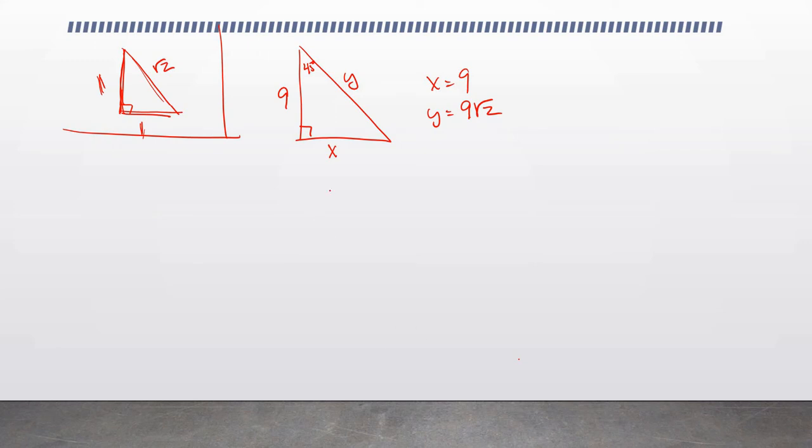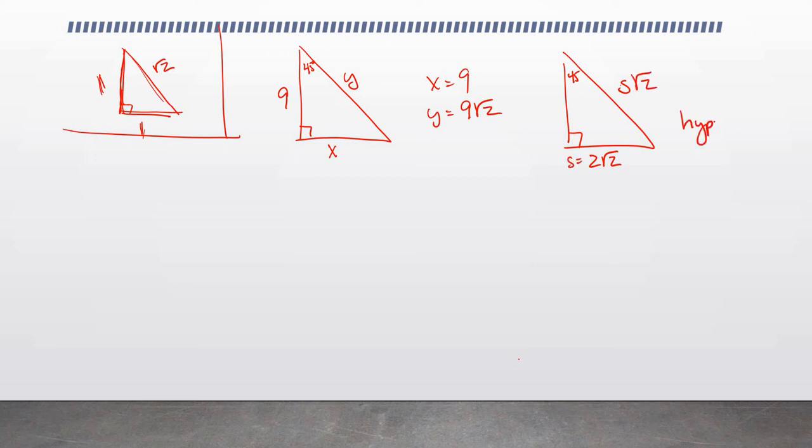Let me try another one with you. Another example. Again, a 45 degree right triangle. And this time the side is 2 root 2. So remember, the hypotenuse here is going to be the side times root 2.